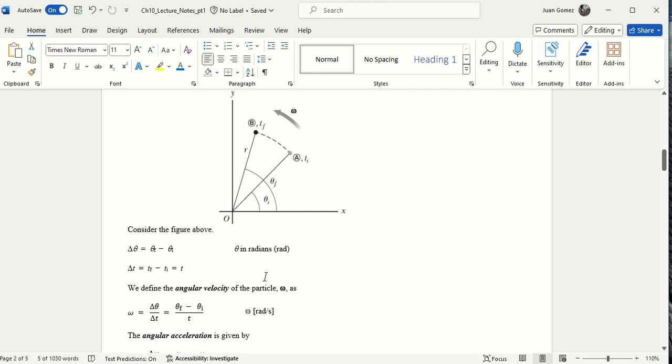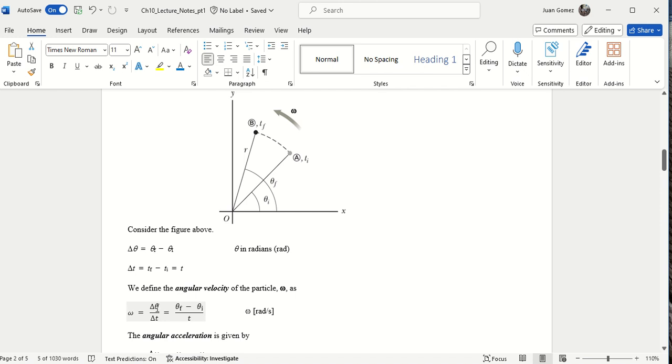Well, we wanted to find what's called the angular velocity of the particle, indicated by the Greek letter, the lowercase omega, indicated in the figure here. Again, this is rotating counterclockwise. Just like linear speed v is change in distance over time, omega is change in theta over change in time.